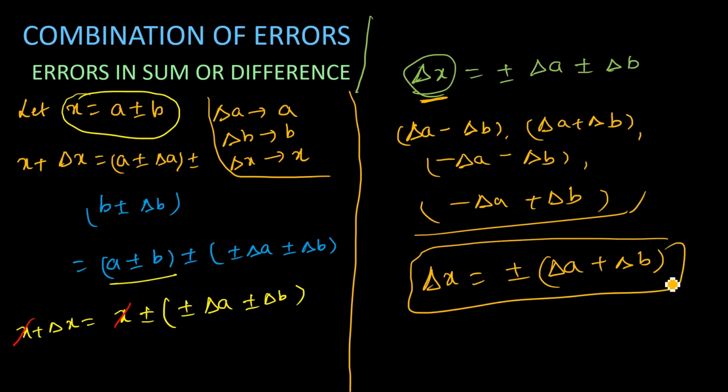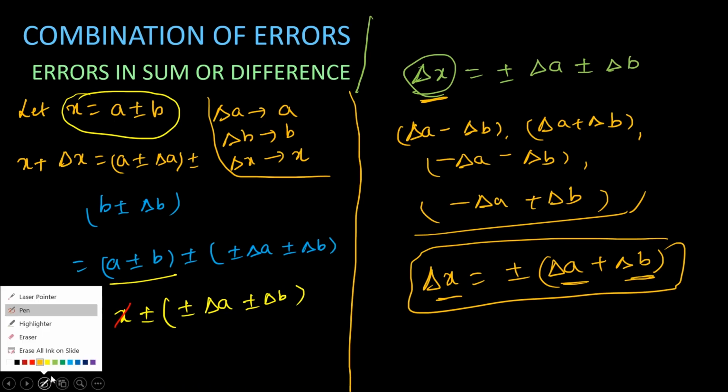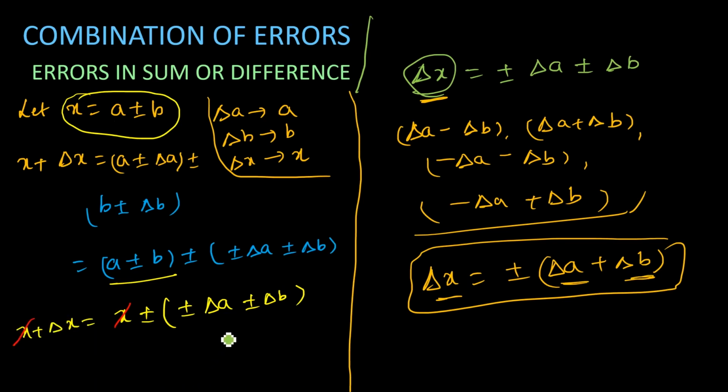The maximum absolute error in the sum or difference of two quantities is equal to the sum of the absolute errors in the individual quantities. So by that we can understand.